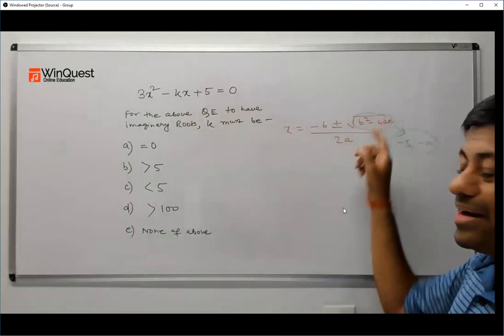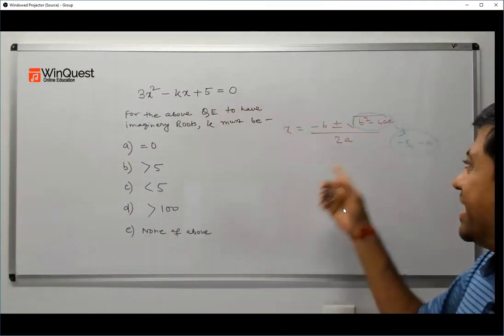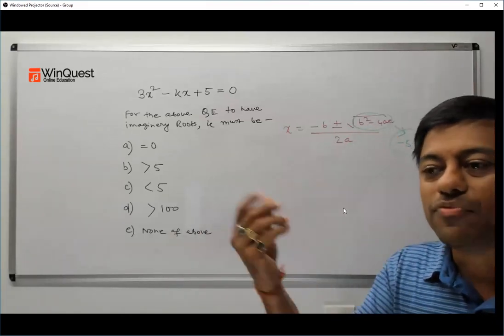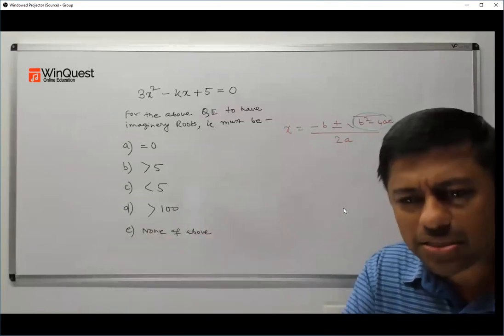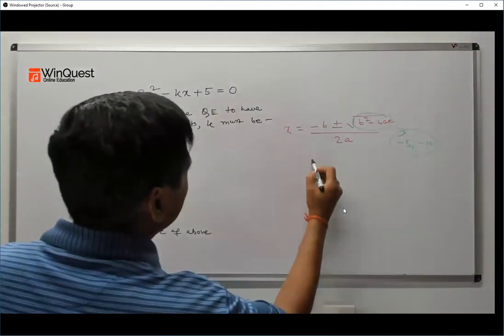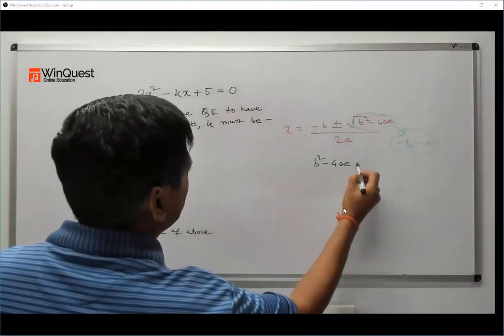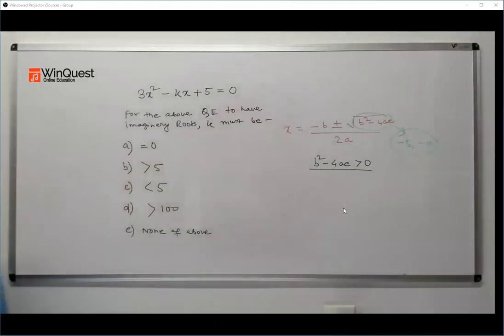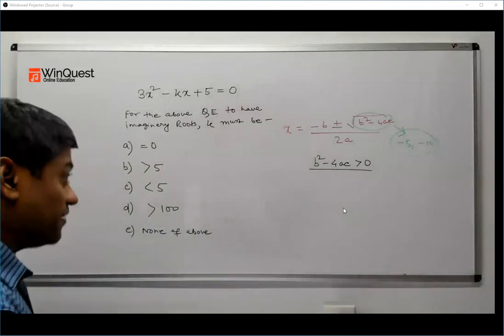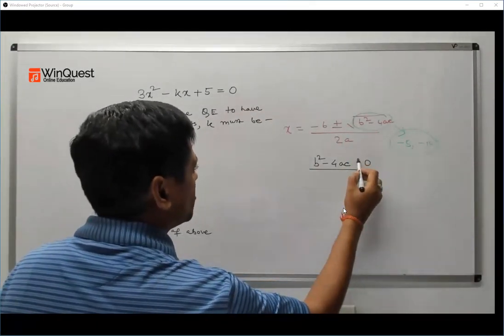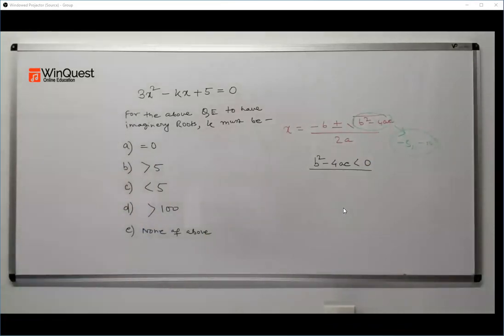If this component on evaluation gives me anything negative, -5, -10, it will give rise to imaginary roots. So if there is no negative, it is always greater than 0, and there is no question of getting any imaginary roots. But if I 100% want imaginary roots, it has to be less than 0. Am I clear? Yes.